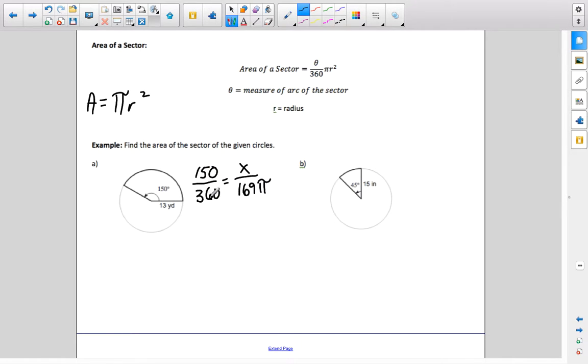Now, when I look at this fraction over here, I can make it easy on myself, divide both numbers by 10, and 15 and 36 are both divisible by 3, so this would become a 5, and this would become a 12.